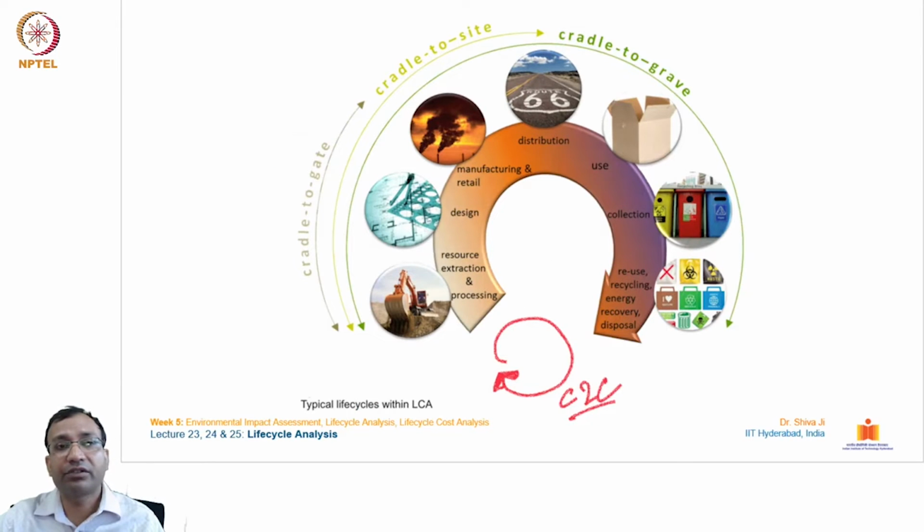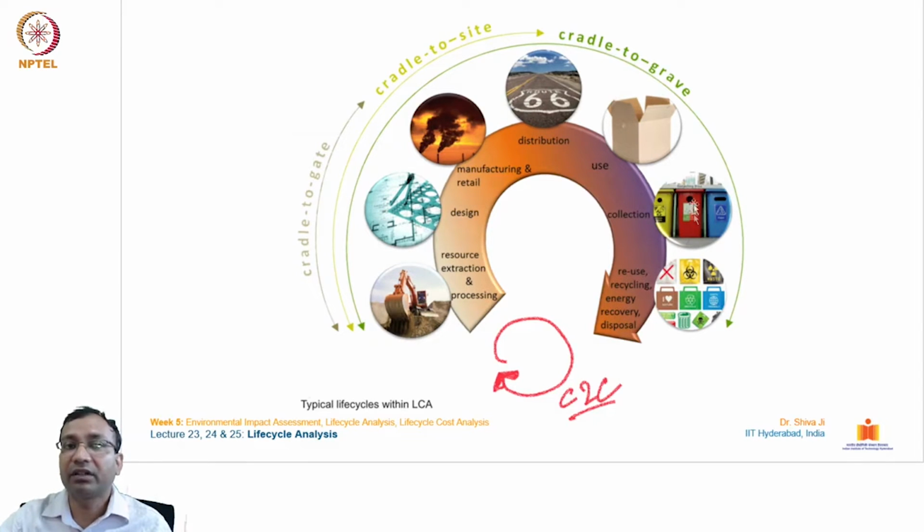Let's see this illustration over here. It gives an idea of the typical stages inside a life cycle analysis of any product. You can see it starts with resource extraction and processing, and it goes on with the design, then manufacturing and retailing, then distribution, then use.